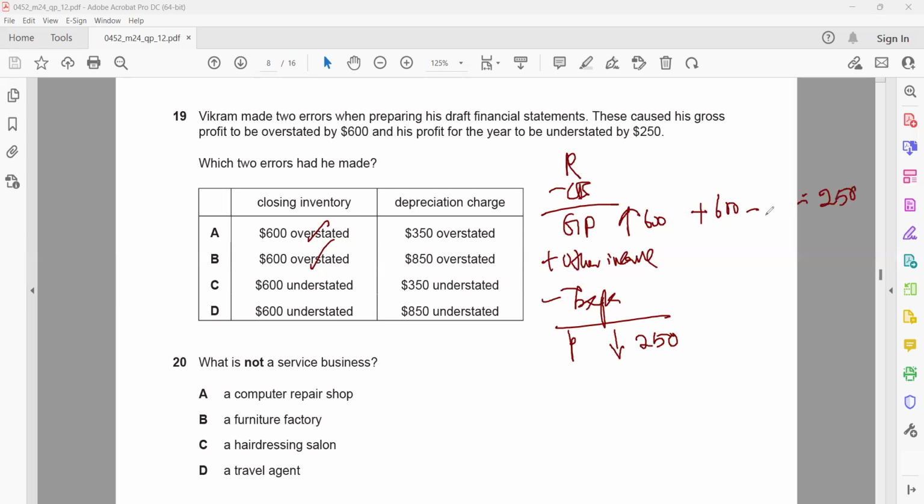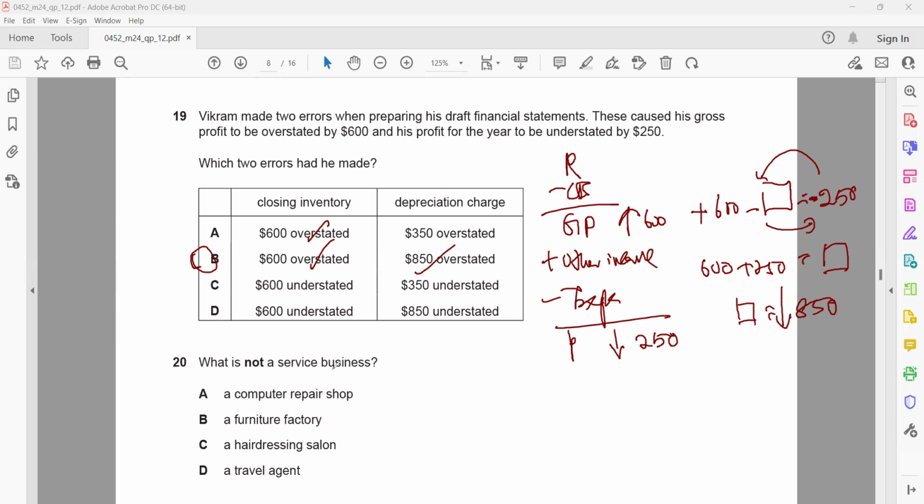So basically the decrease is a negative. So we change this one into here. So it becomes 600 plus 250 equals the amount. So this amount equals 850. So which one caused the amount to be reduced by 850? So we have this one. Okay, 850 overstated the depreciation. So the answer should be B.